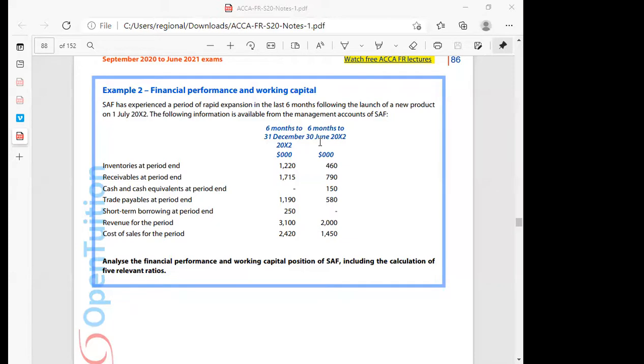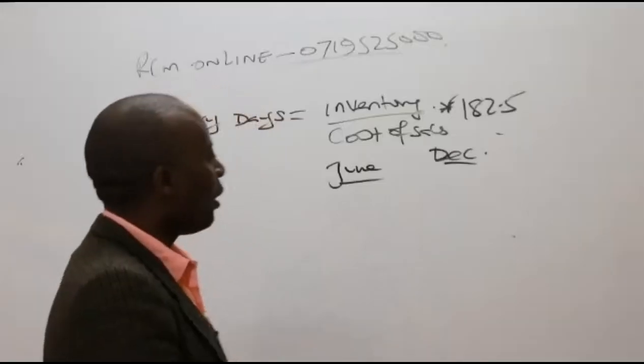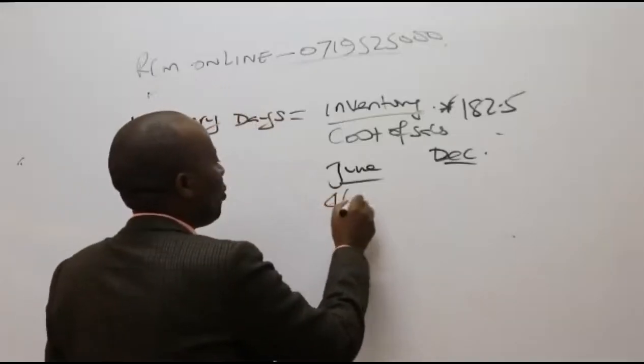I'll do June, and then I'll come and do December. For performance appraisal, I prefer starting with the initial period. So you can see inventory days for the month of June is 460.